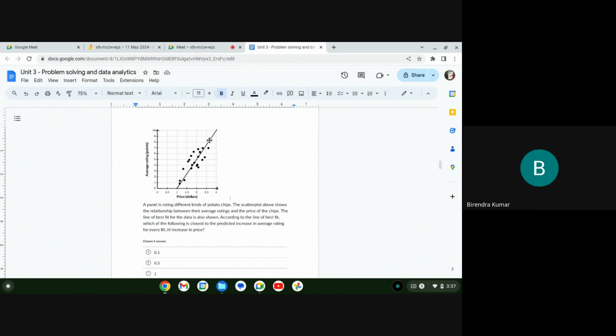If you go to the topmost point, the price also has increased, right? It's almost like $2.5, and the rating has gone to almost like 9. So by looking at this scatter plot, one thing is evident: when the price of the potato chips is increasing, the corresponding rating is also increasing. Is that a fair statement?